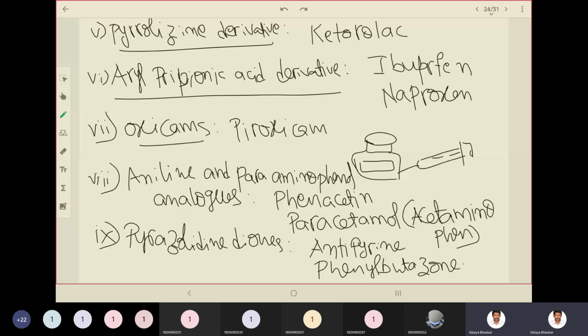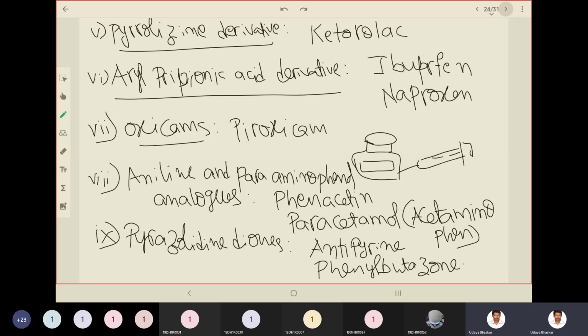Then oxicams, piroxicam is the example. Aniline and phenol analogues, examples phenacetin and paracetamol. And lastly, pyrazolidine diones, examples antipyrine and phenylbutazone.